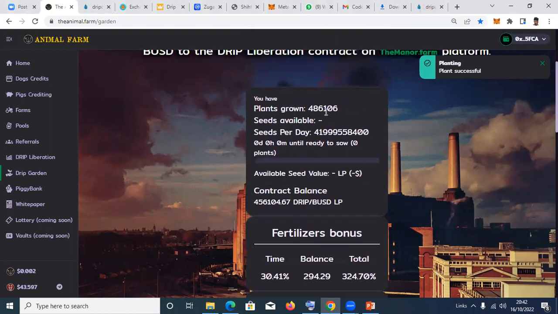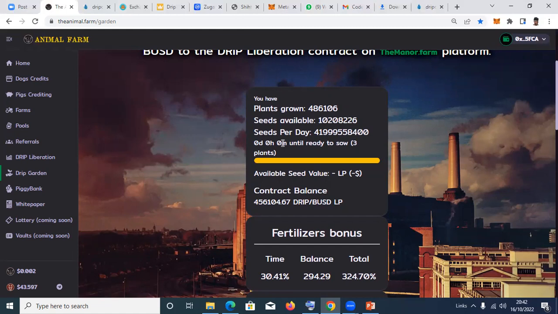The 470,300 plants have gone to 486,106. Now this is 8:42. By 8:50, you will see that these plants have started generating another revenue for me here. Because now I have higher plants, it simply means my earnings too are going to increase.